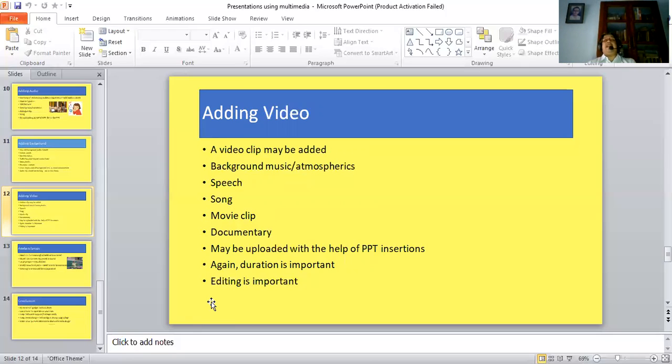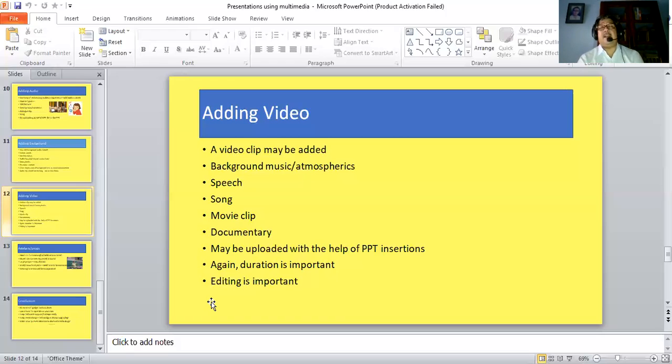Now, adding the multimedia content or the video content is again not very difficult. Using the same insert feature that I talked about when we were inserting the audio slide, that same feature can be used to add the video content to the slides. So, by way of PPT insertions, we can add the audiovisual content, but again, the time duration is a crucial factor.